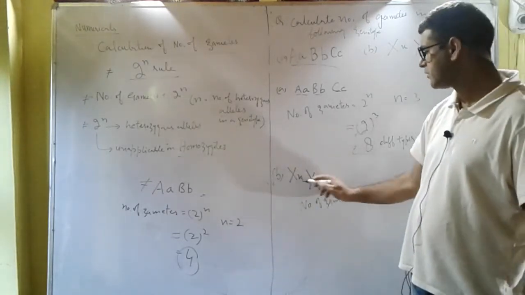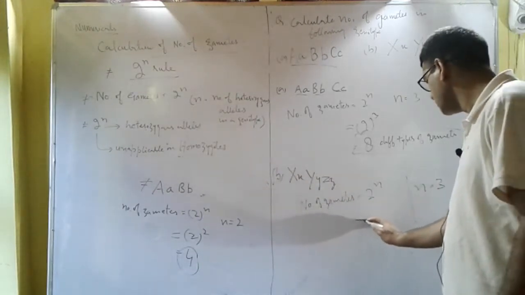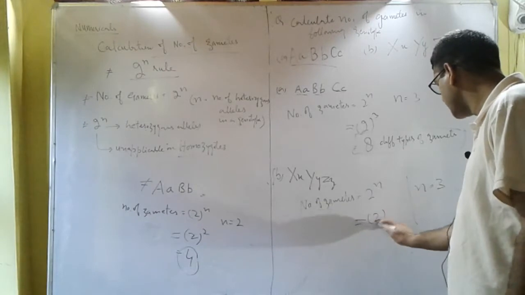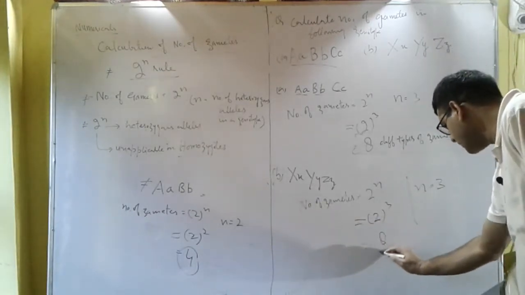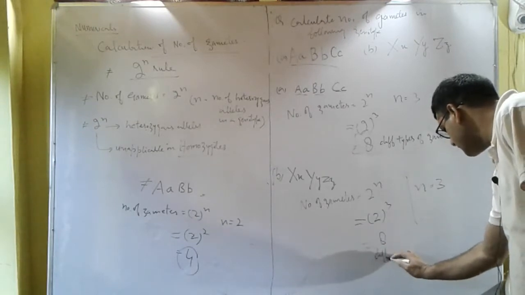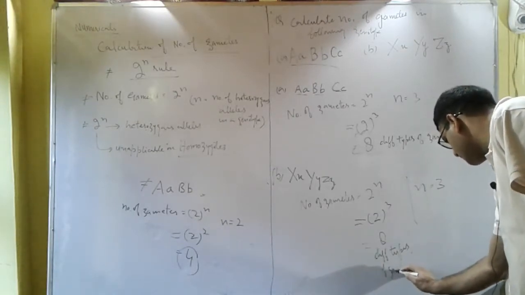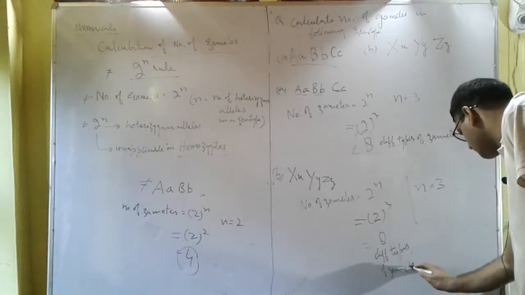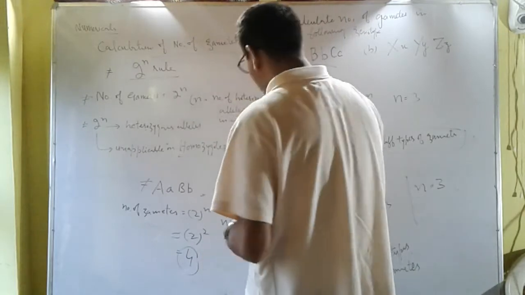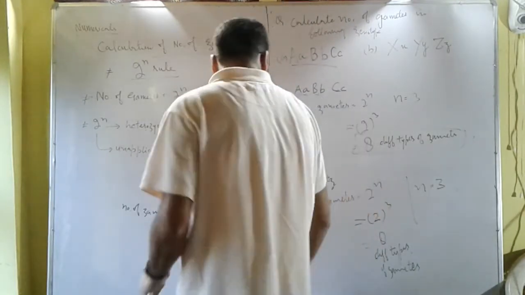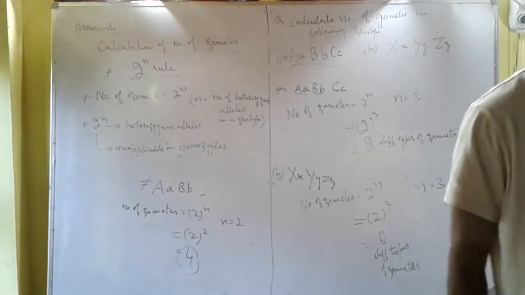So this is 1 heterozygous allele, second, third, so 3. So 2 to the 4 to the 8. 8 different types of gametes are formed.